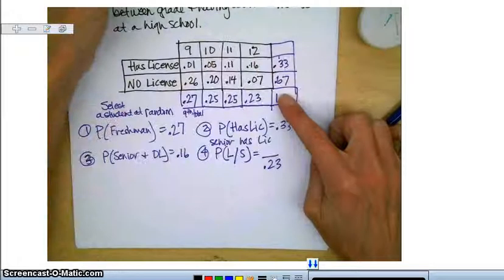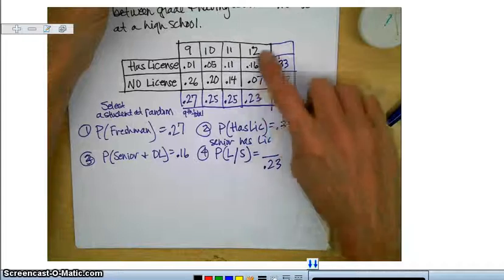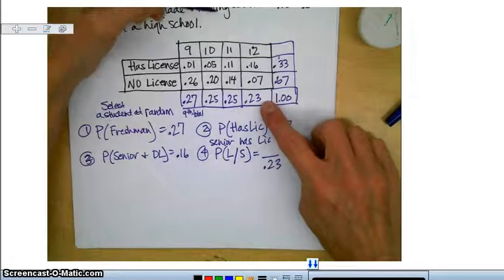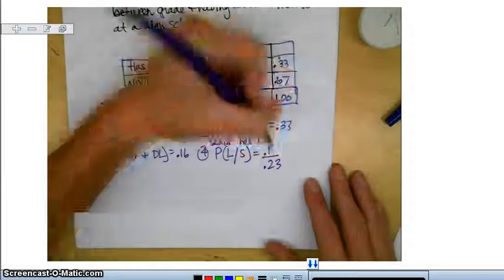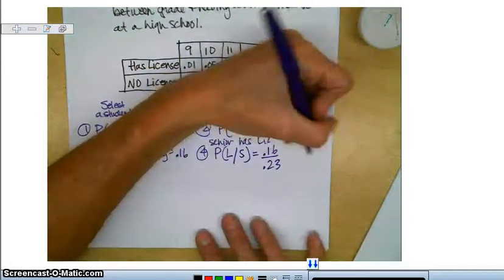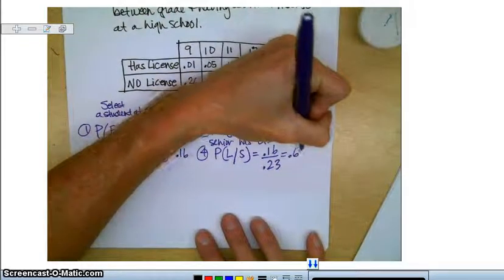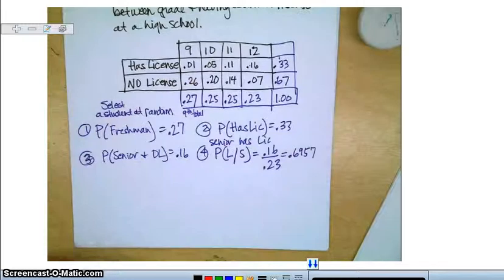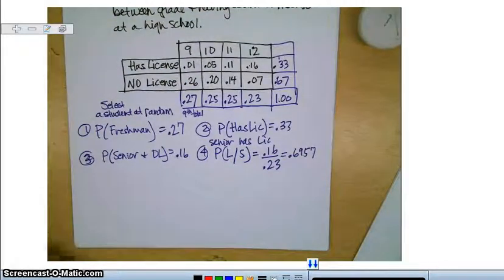Because we've narrowed it down to the seniors, we know they're a senior. How many have a license? 0.16. So we're going to take 0.16 divided by 0.23, and that's going to give me 0.6957 for our percent. All right, I'll finish this on the next video.